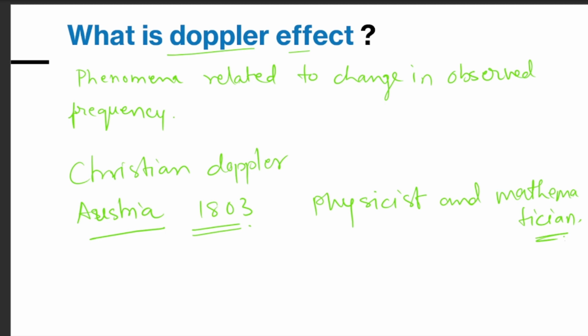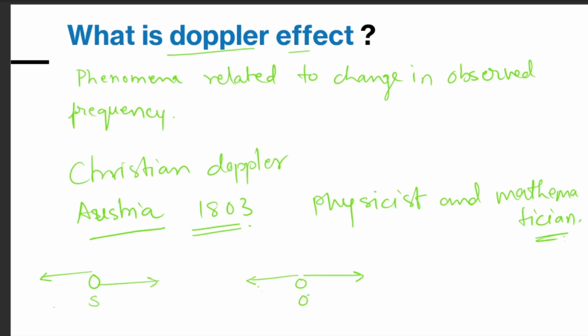What happens in case of Doppler effect is, either the source is moving towards the observer. Let's say this is the source and here is the observer, or the observer is moving towards the source, or the source is moving away from the observer, or the observer is moving away from the source.